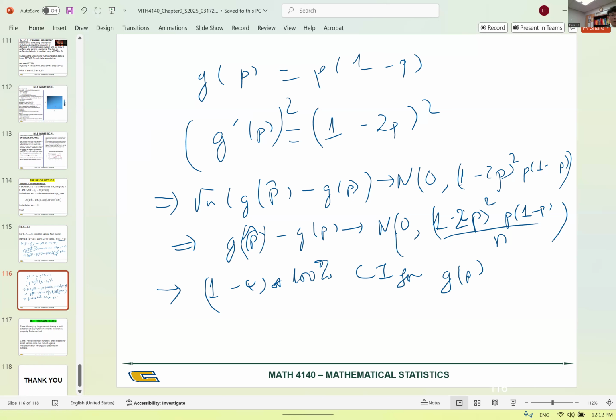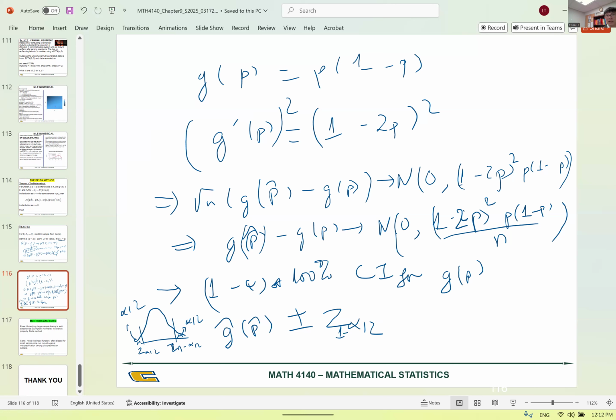You can use g of P hat plus or minus the quantile at 1 minus alpha by 2, times the standard deviation.